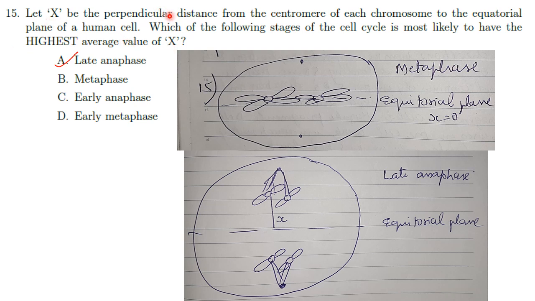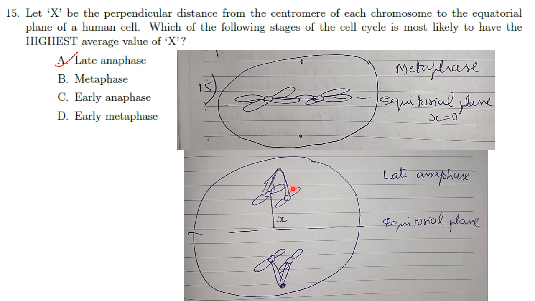So X is the perpendicular distance from the centromere of each chromosome to the equatorial plane of a human cell. If you see the metaphase plate, the chromosomes will be arranged on the equatorial plane, so X will be equal to 0.